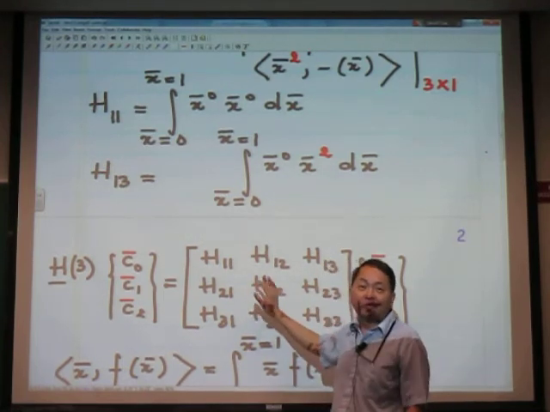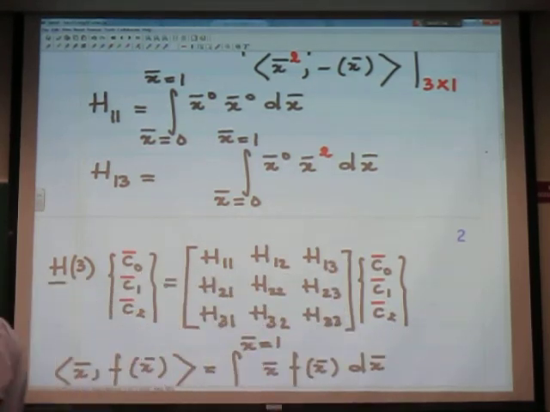This is very important, so make sure that. And then the result is that, and I also give the example of H13 there. Make sure that you verify that. Okay. All right.